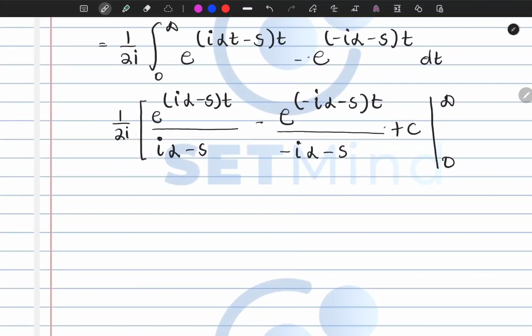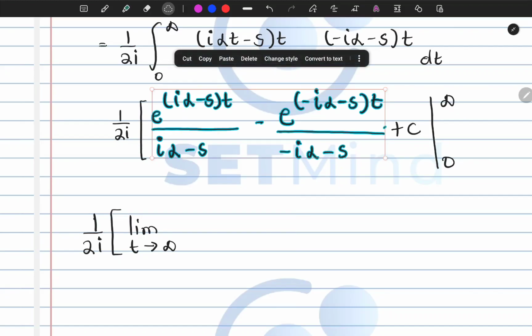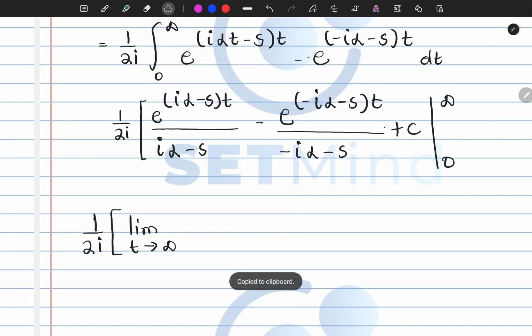Now let's go ahead and deal with this. I'll have 1 over 2i outside. Then inside I'm going to have the limit as t approaches infinity, that is for the upper limit. So I'll copy all that portion and deal with it.